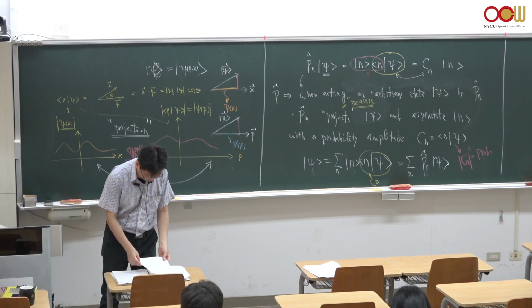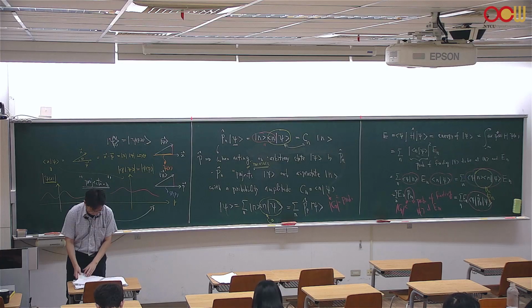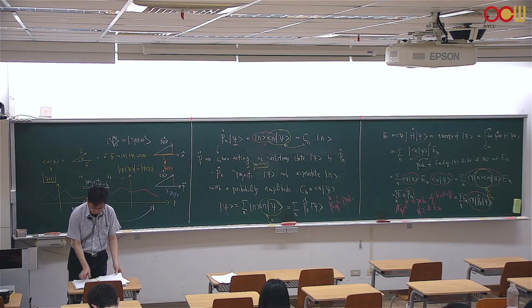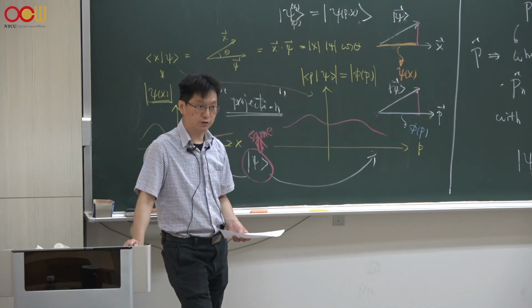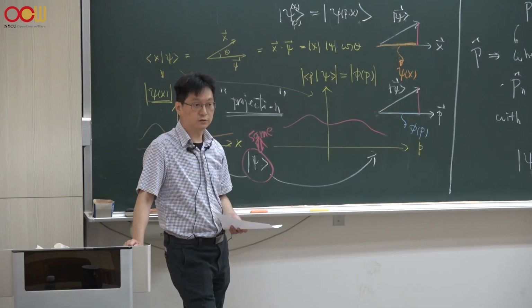Okay, so let's take a short break. When we come back, we will derive this Heisenberg uncertainty relation that we discussed many, many times, but this time we formally prove it using the Dirac notation.